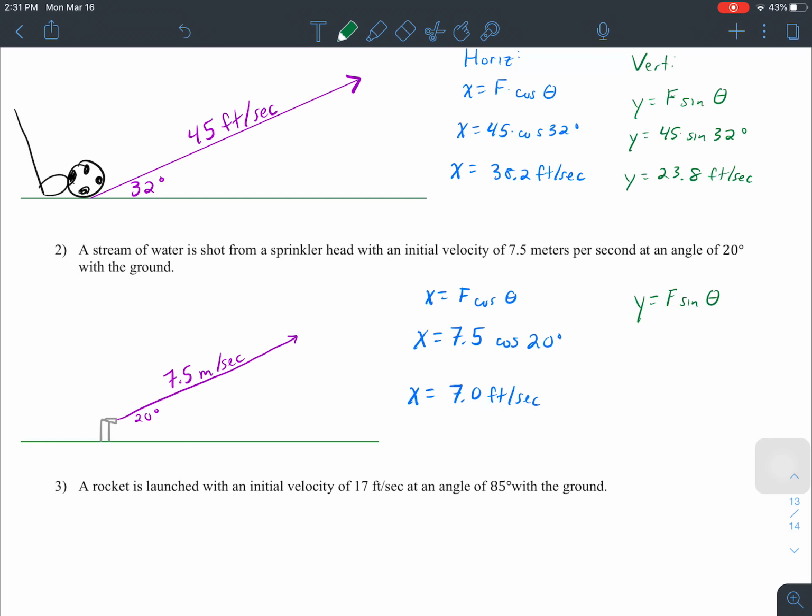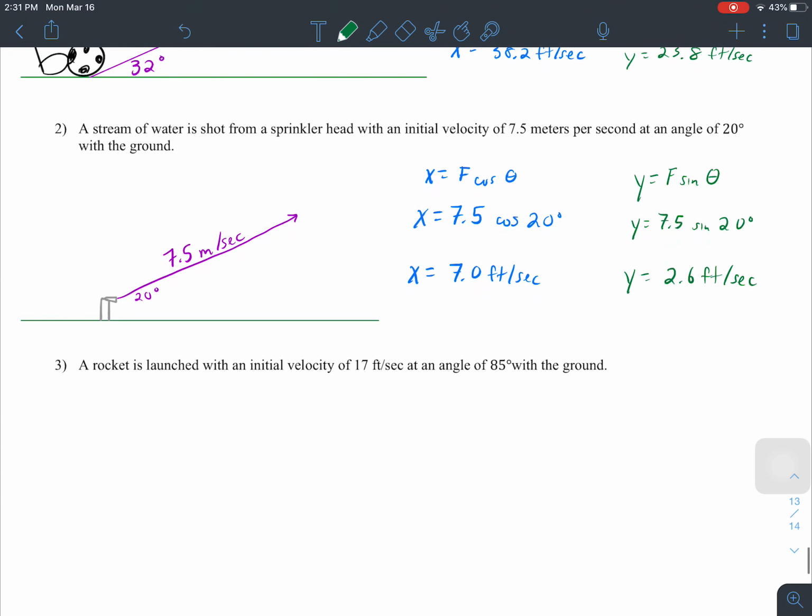Y equals f sine of theta, so y equals 7.5 meters per second times sine of 20 degrees, and that is about 2.6 meters per second. My apologies, that is meters per second for both of those. Contextually, if you have a sprinkler on the ground shooting water, it's going to shoot further horizontally than vertically.